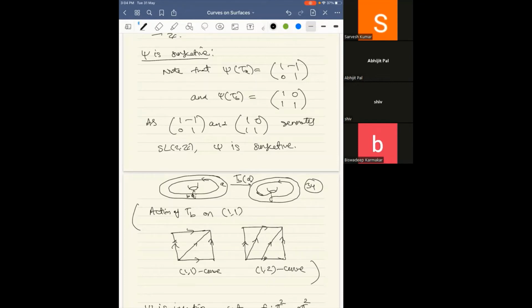That's what you get. So this is simply A plus B in homology, which corresponds to the vector (1,1). I hope you can see the other part also.